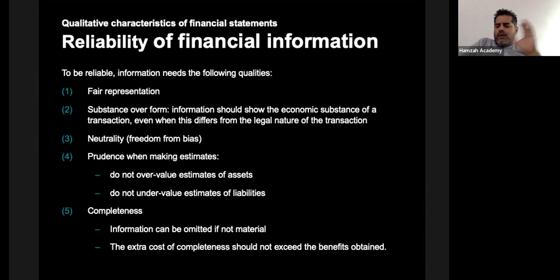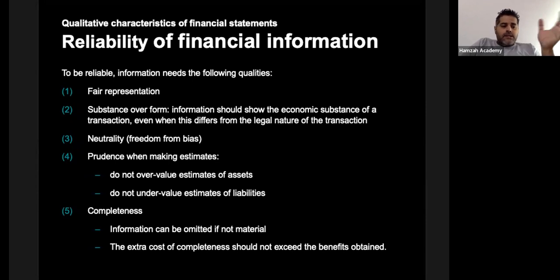And then, when estimates are included in the financial statements because there's some uncertainty about some actual amount, caution should be used. Prudence means that if there's uncertainty about the value of an asset, and the entity is not able to properly calculate it, then the asset should not be overvalued in the financial statements.